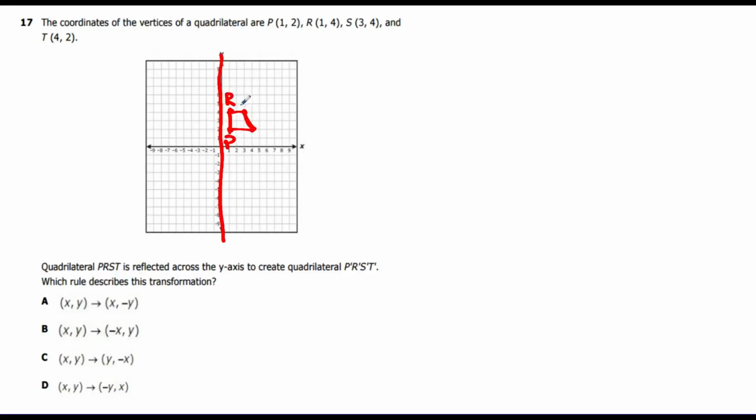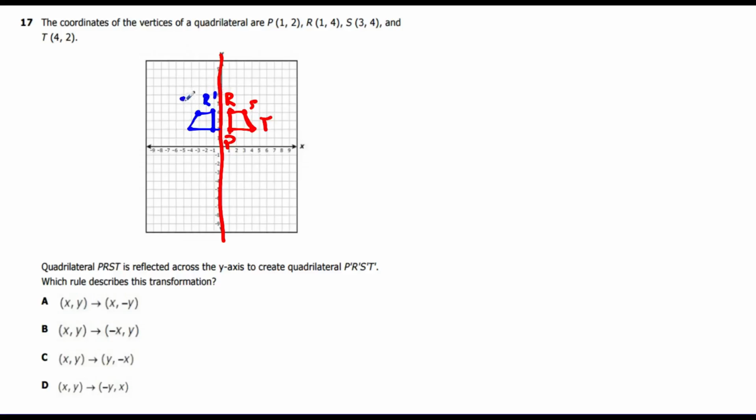P, R, S, T. Okay. Now if I'm going over the y-axis, that means I'm moving to the left, so my new points would be here, here, 3, 3, and 4. So here is my new shape.